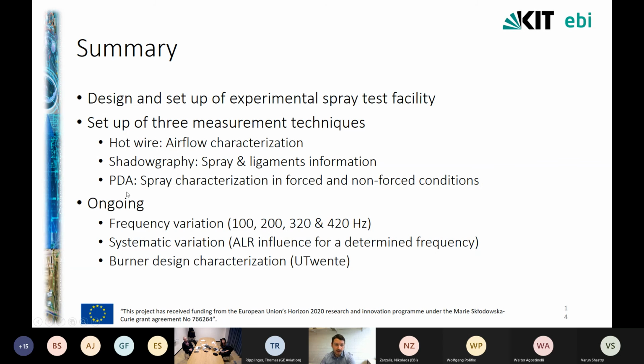And finally, the ongoing activities. We are making a frequency variation right now at 100, 200, approximately 300 and 400 Hertz to compare how the same results change, a systematic variation of the influence of the air-to-liquid ratio for any determined frequency, and the characterization of another burner design in cooperation with the University of Twente.